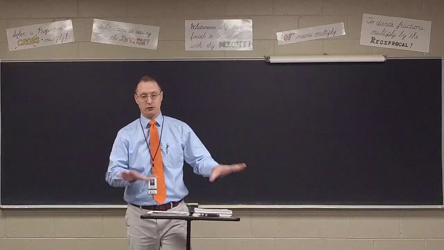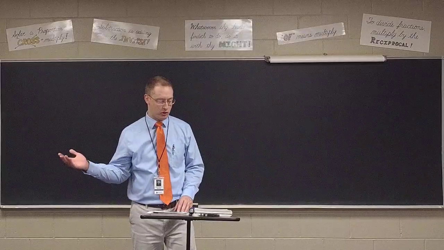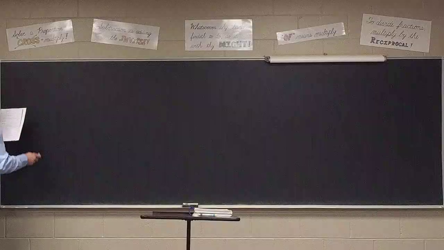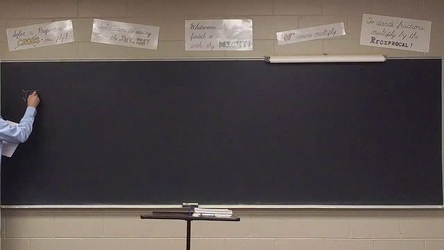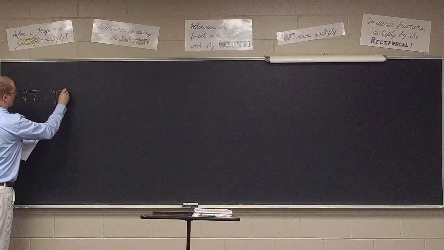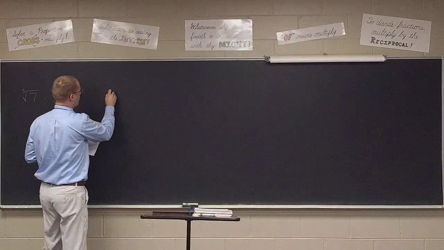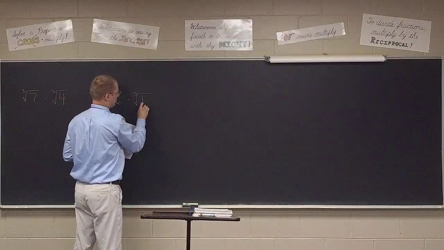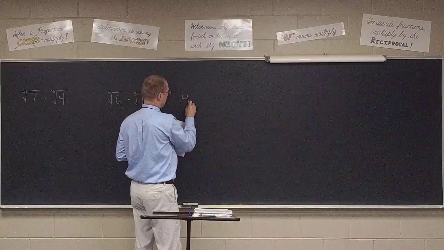You're going to have to reduce those first, then add. But in multiplication, you can just multiply and then worry about the reducing. Got 5 classwork problems for you, and then we'll take a look at your homework. So multiply the coefficients if there are any, multiply the radicands, and then reduce if possible.